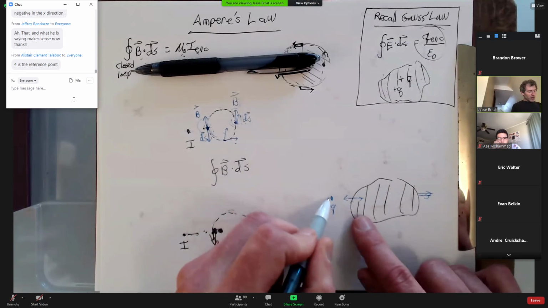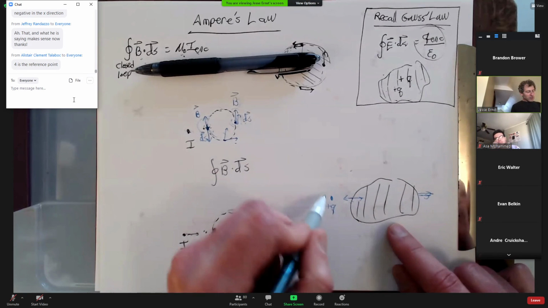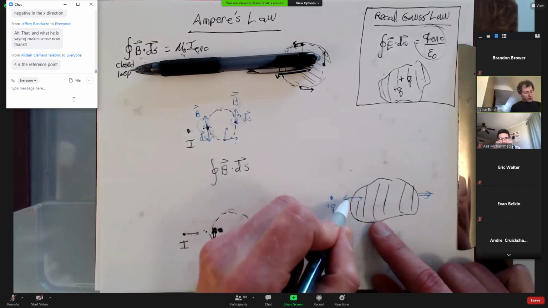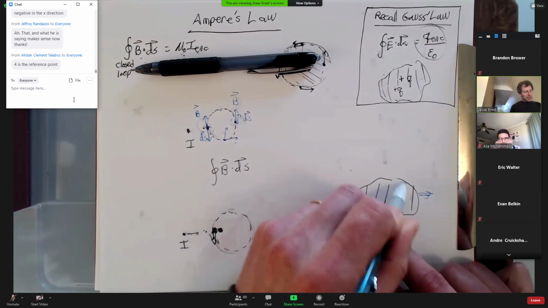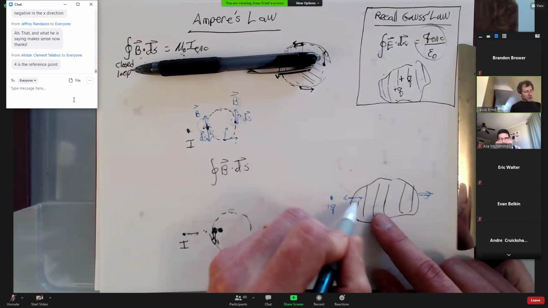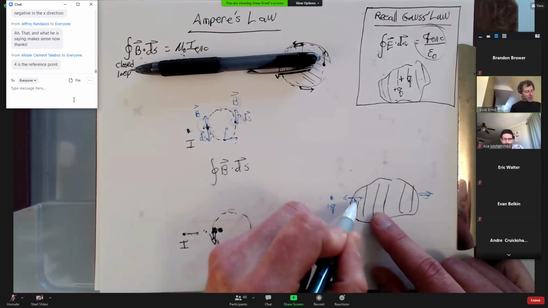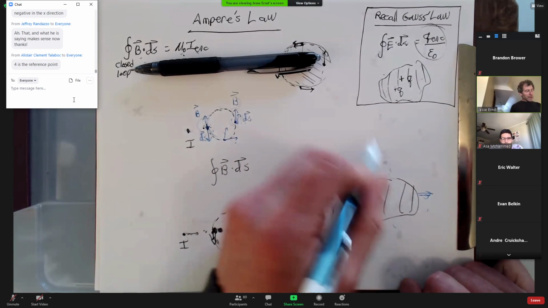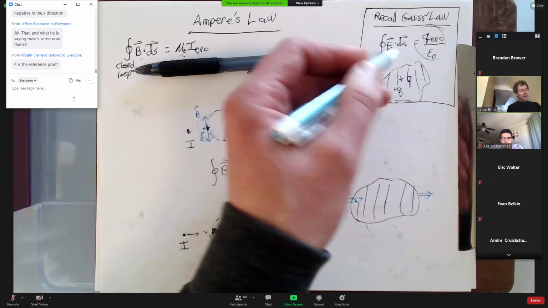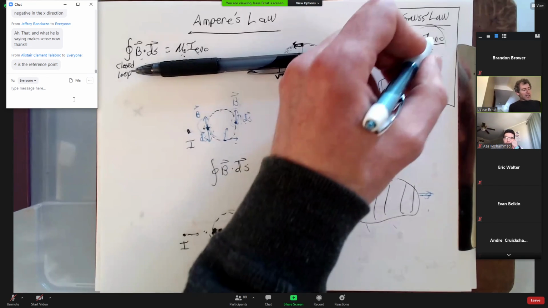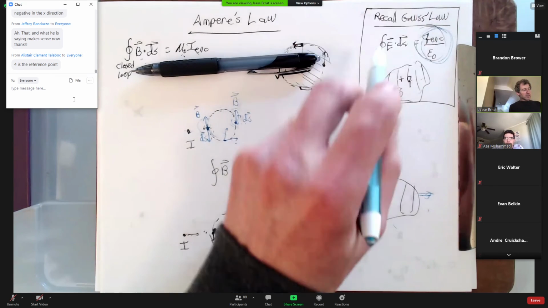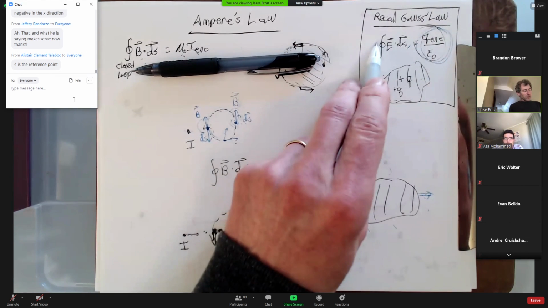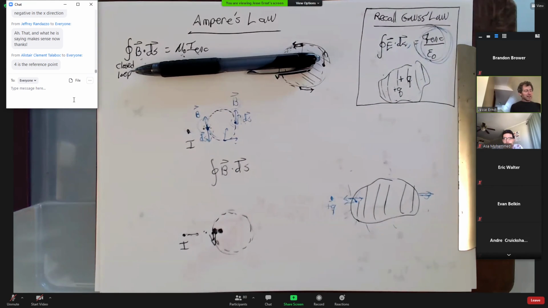That's true no matter where I put this charge. But as soon as the charge crosses into this closed boundary, E and dA generally both point outward. So it makes sense that it's the charge inside that contributes positive amounts to this integral. The charge outside doesn't contribute anything to this integral.